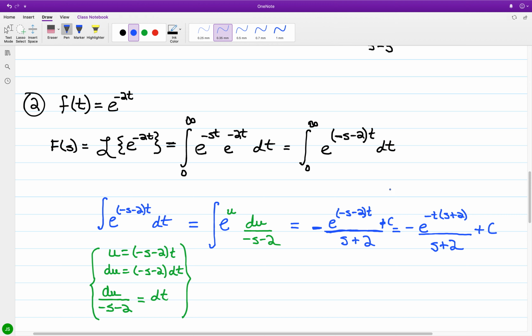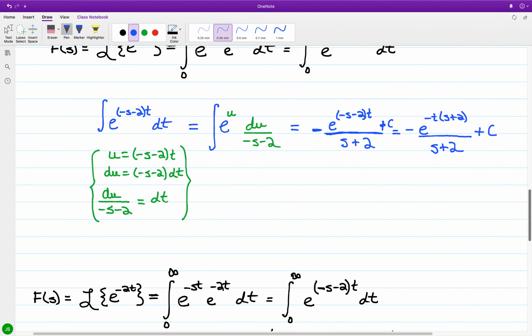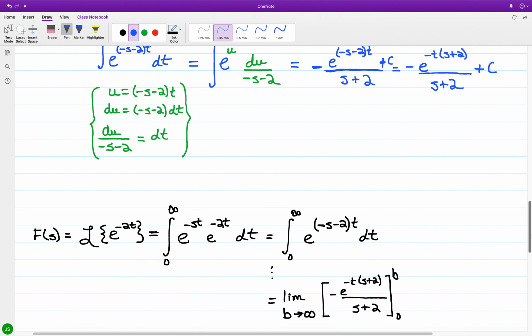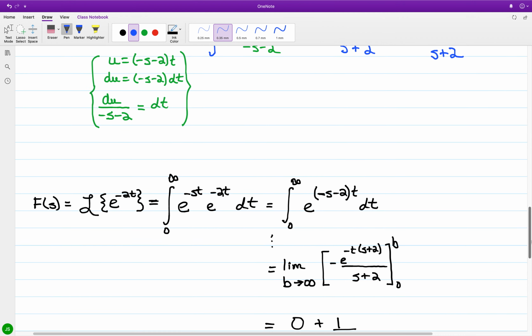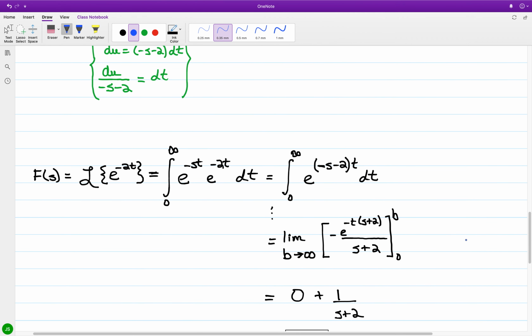And with this antiderivative, applying for what I have in the Laplace transform integral, we carry over and apply the limits. As t approaches b while b approaches infinity, we're going to have negative e to the negative infinity, which is tending to 0.